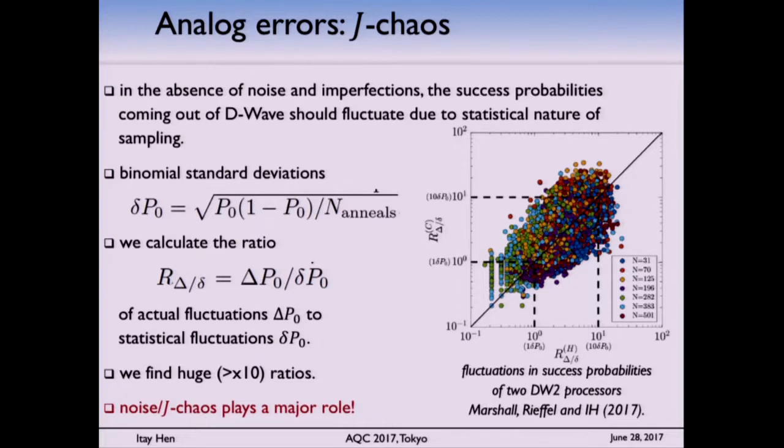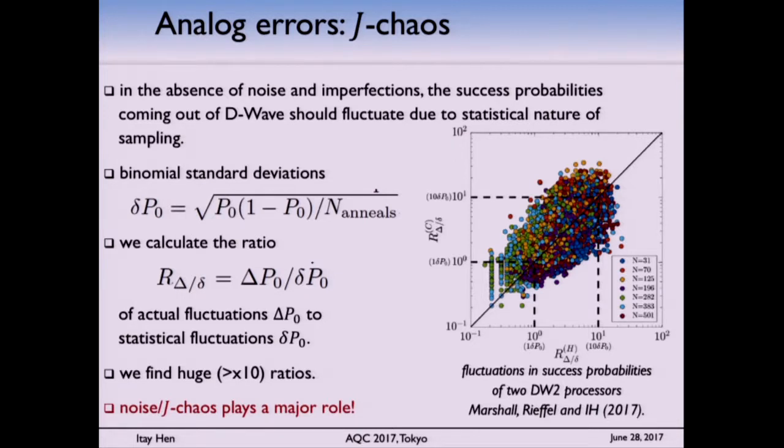We know that depending on how many annealers we're trying, we can ascertain the standard deviation, assuming that there are no analog errors, just from the statistical nature, whereas we can also calculate the actual spread by running the same instances over and over again, and we can look at the ratio of the actual spread versus what you would expect just from statistics.